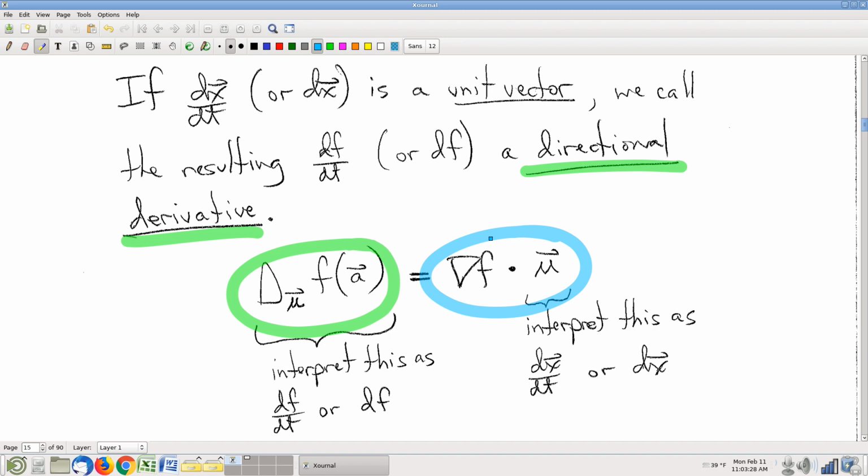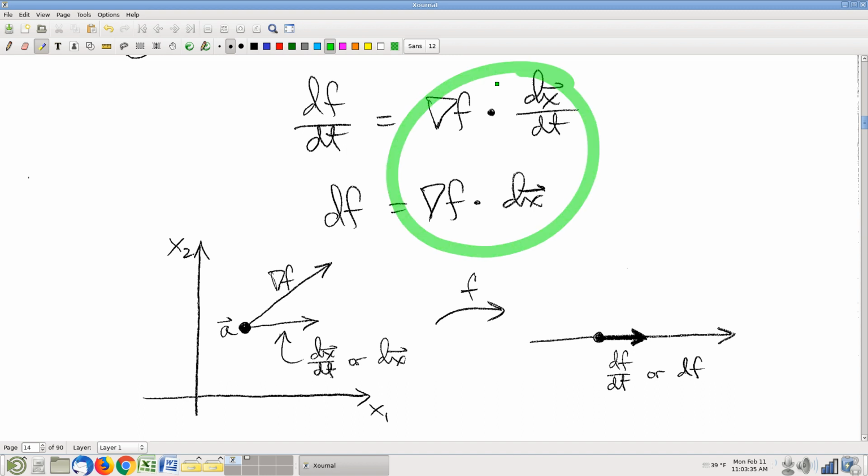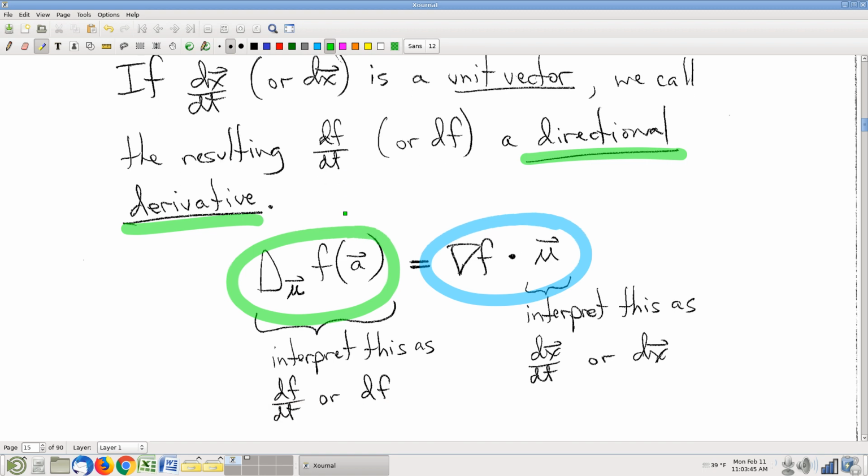Keep in mind, our discussion on the previous page is that this formula computes output change. So the reason we're interested in this in the first place is because it's an output change. This directional derivative is telling you how the function is changing, either as a rate of change, if you've dotted with a velocity vector, or as a differential change, if you've dotted it with a differential in the input.